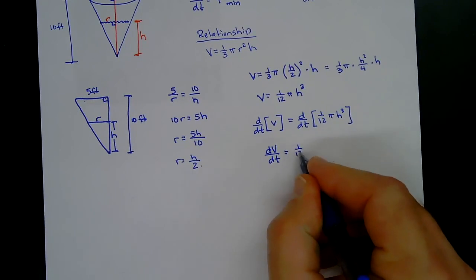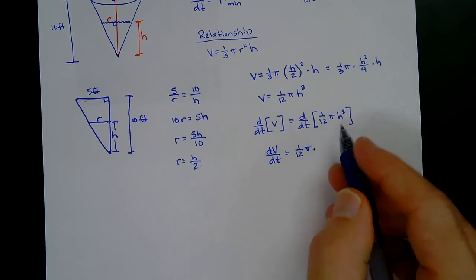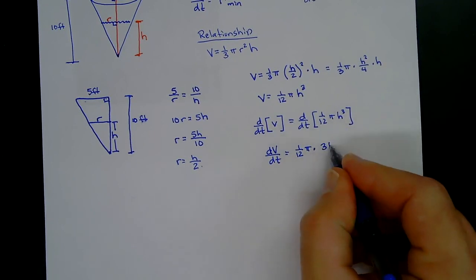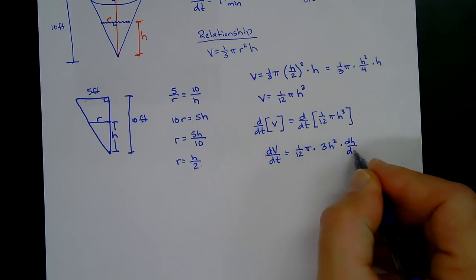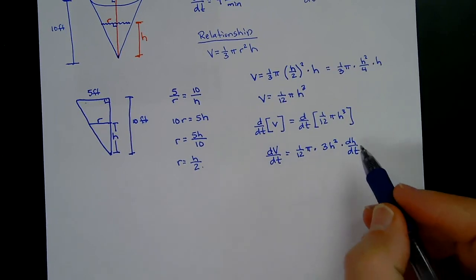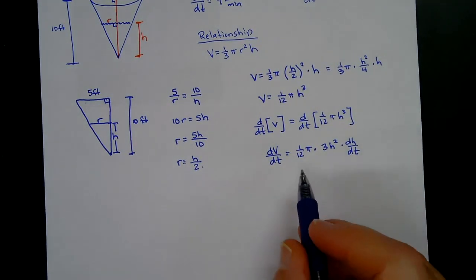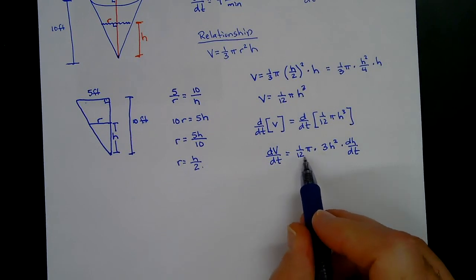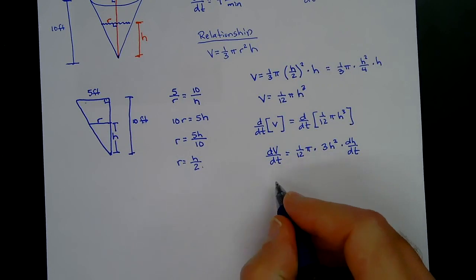So that's just 1/12 pi times, and then we take the derivative of h cubed, that would give us 3h squared times dh/dt. See how I pick up the dV/dt, and I also pick up the dh/dt. Now is where I can substitute everything in, or I can clean this up. So I'm actually going to clean this up before I start substituting stuff in, because this becomes 3/12, which is really 1/4.